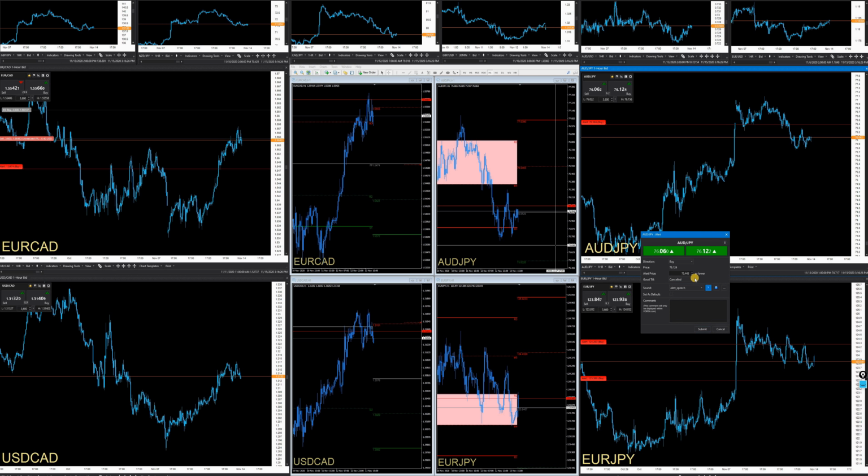Okay, once my trade triggers, then I will have to go in and change this stop to an associated stop, and I have to do that on my order book.